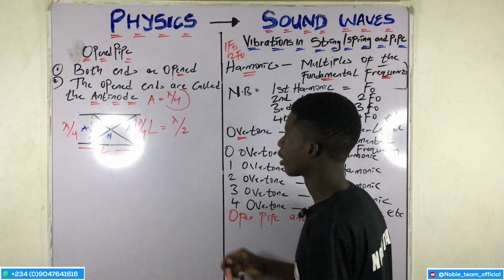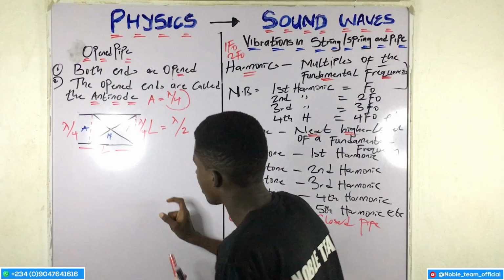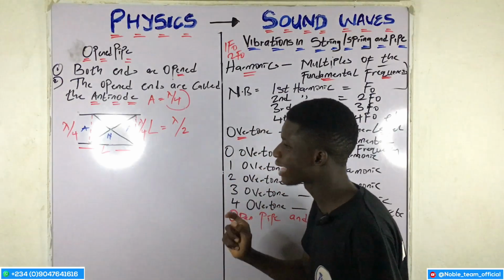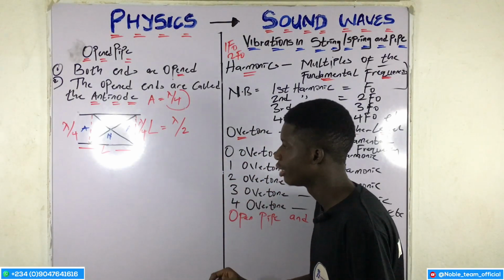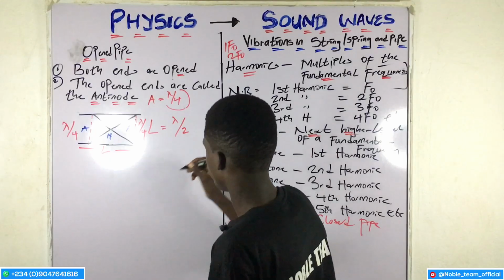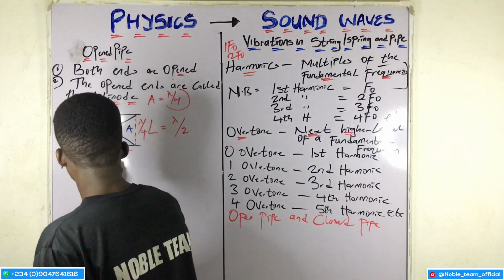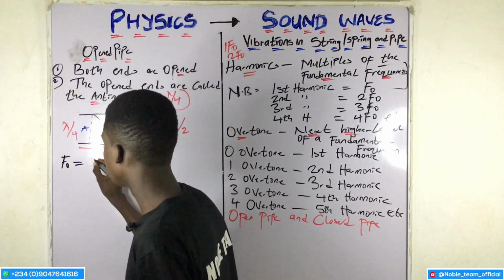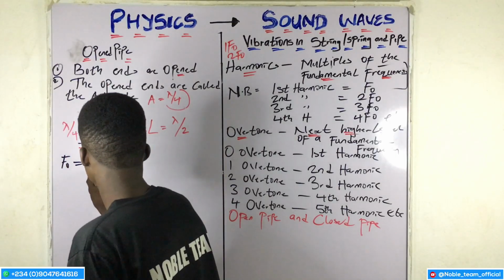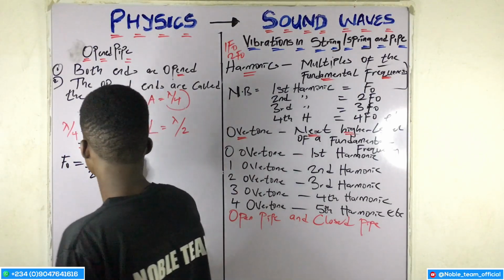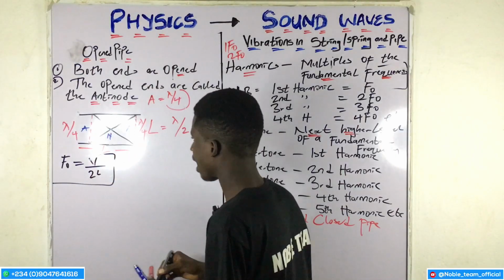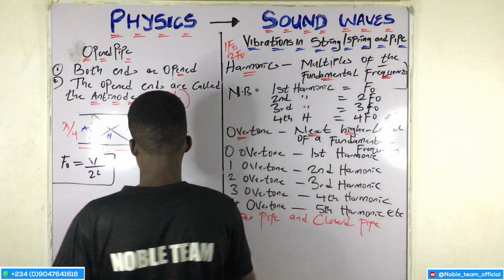Now, in an open pipe, the fundamental frequency, F naught, is equal to what? V over 2L. Let's take note of this. Okay, good. Now, what is fundamental frequency?